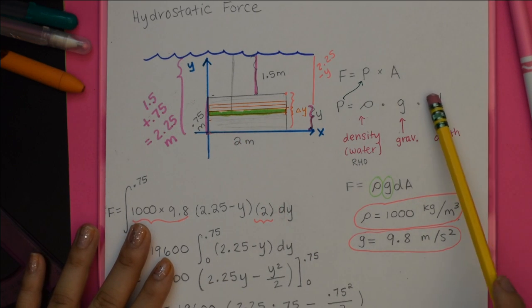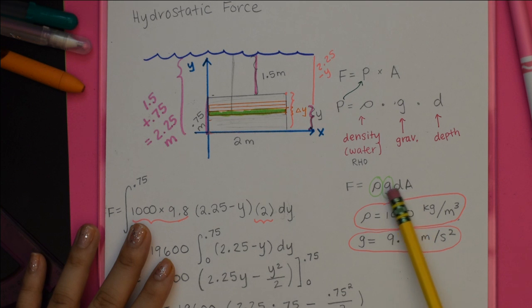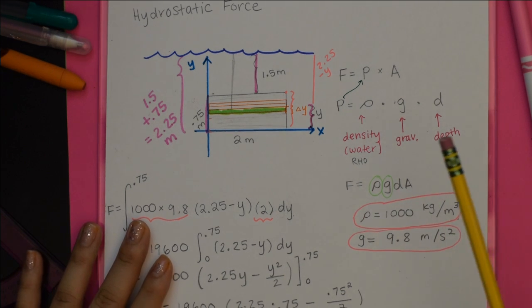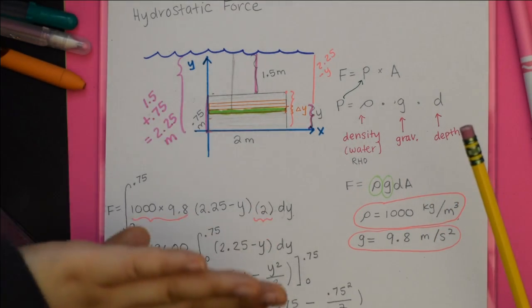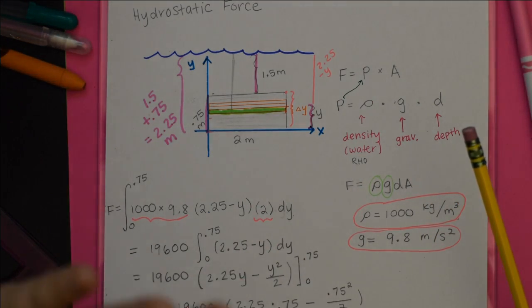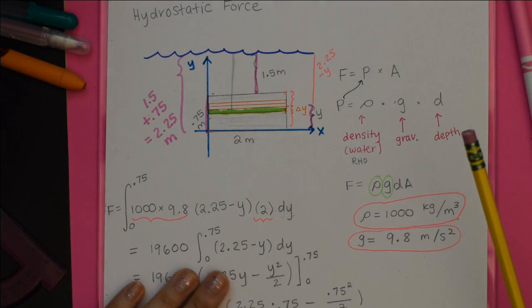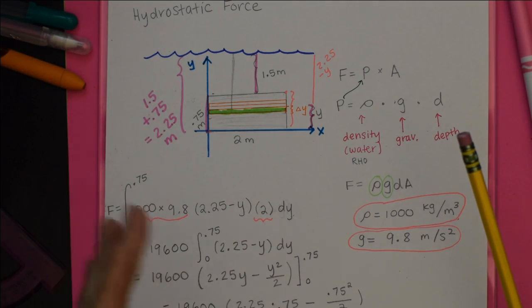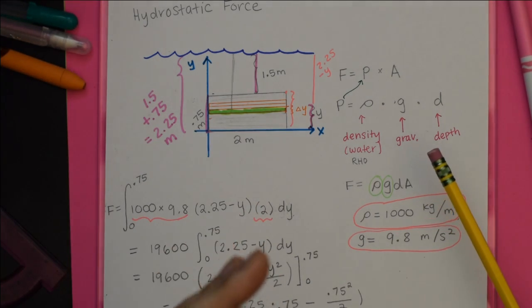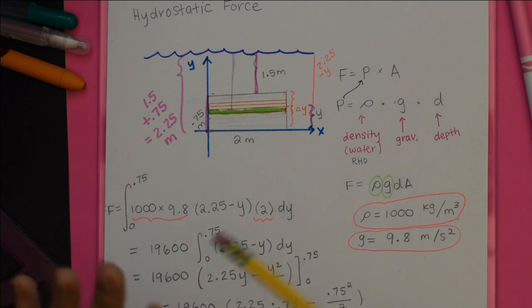And I think we've touched on what we're really talking about for depth and area, and whether we're talking about plates that are horizontal versus vertical. When it's vertical, we're going to use some sort of integration most of the time, and if it's horizontal, usually we won't. We can just find the area, and the depth is constant, so we can just multiply.